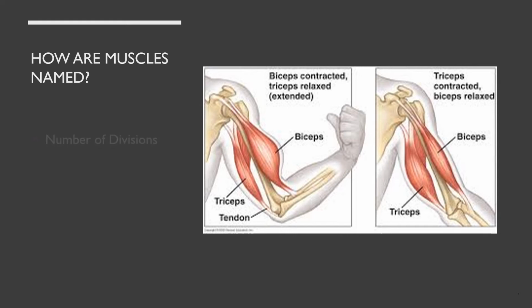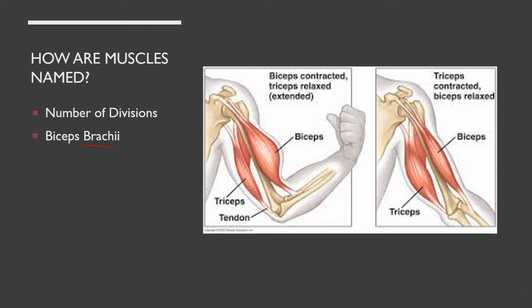Another way we name muscles is by the number of divisions that we have. We talked about one of these muscles earlier, and that was the biceps brachii. We said the term brachii came from the fact that it goes over the brachial area, the elbow joint.